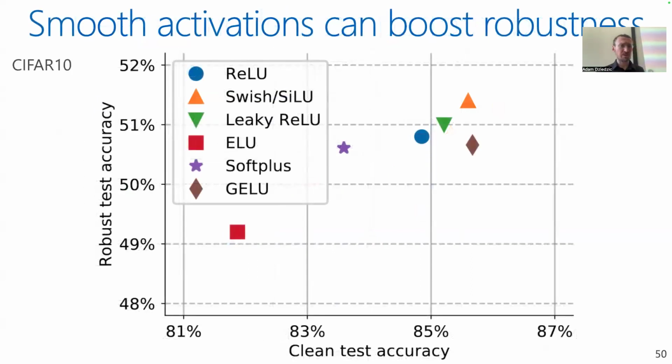Also, we talked about these different activation functions. So you might make your model more robust not only by higher capacity, but also, for example, by using the swish or SiLU activation function. And there's also a question about that, actually. So robustness can be achieved using different techniques, activation functions, architecture choices.